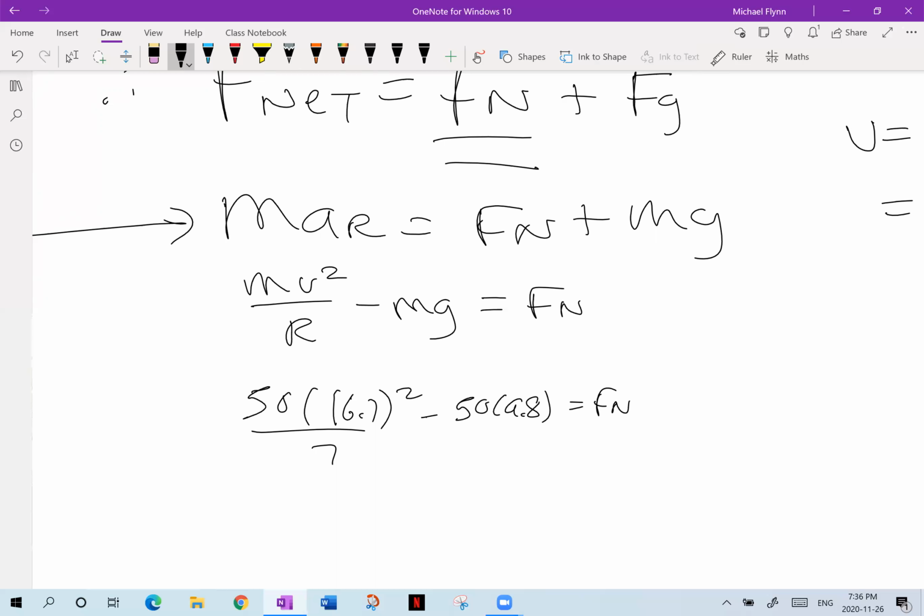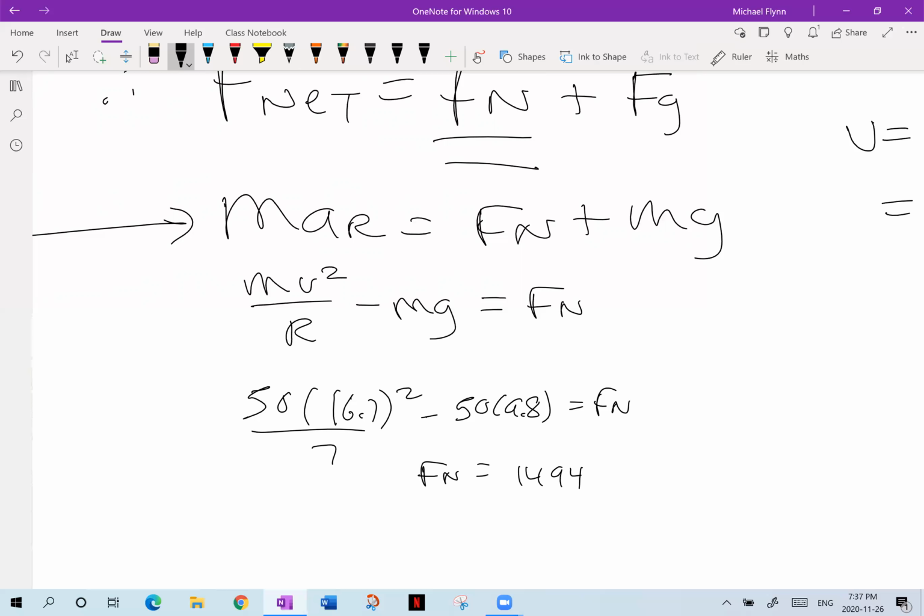I get 1494 newtons, which is extremely high. Now the person's going to get crushed because they're going too fast. You get too much acceleration. Anyway, you end up getting that Fn is equal to 1494.